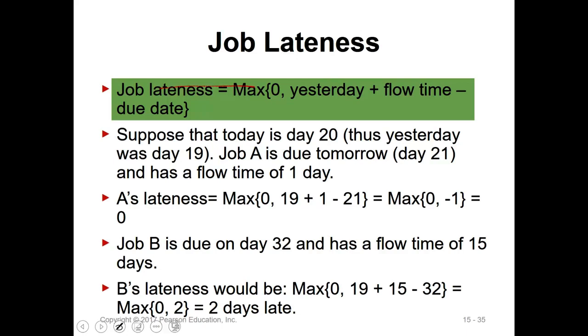Here, the lateness formula is the maximum of 0 and yesterday plus flow time minus due time. Suppose today is day 20, yesterday is 19, and the due time is tomorrow. So they give you 0, and then it is 19 plus 1 minus 21. Obviously the maximum is 0, so there is no late time.